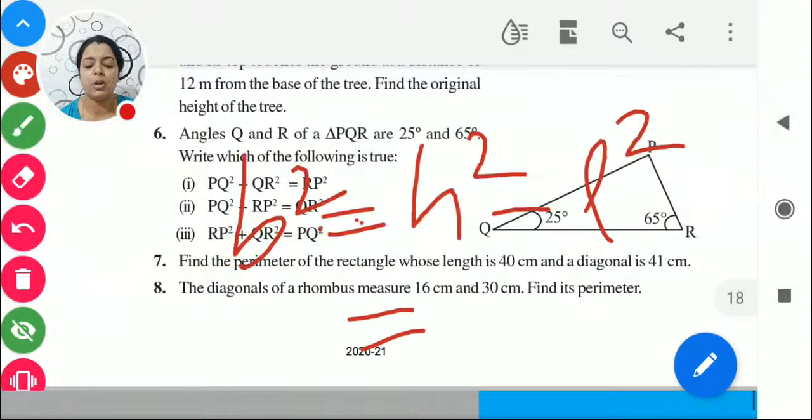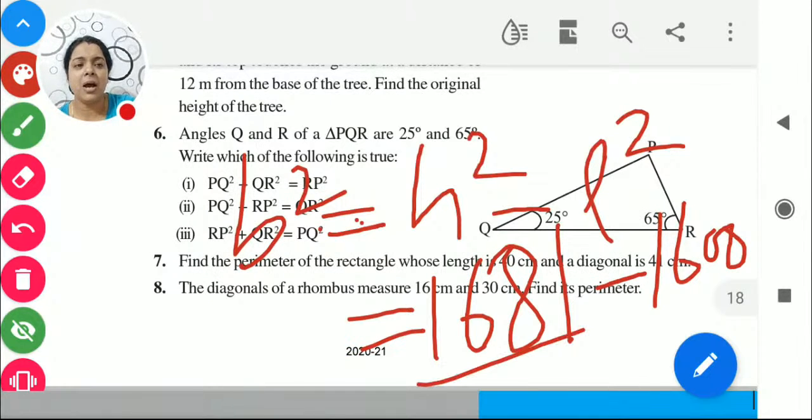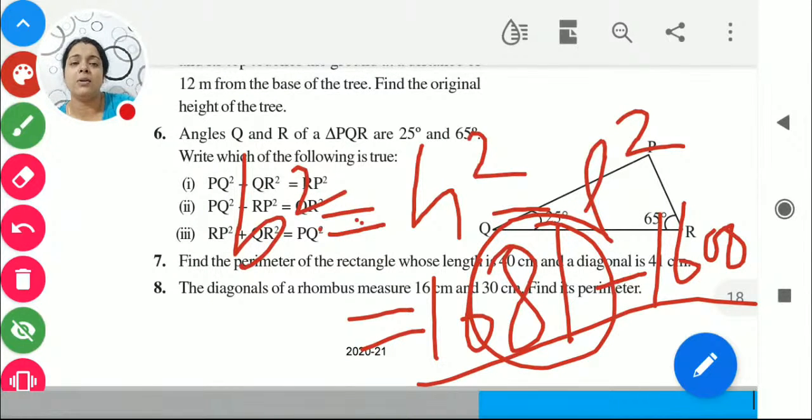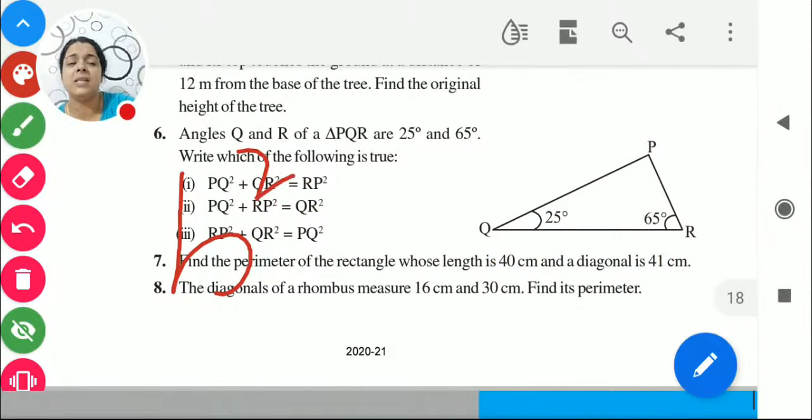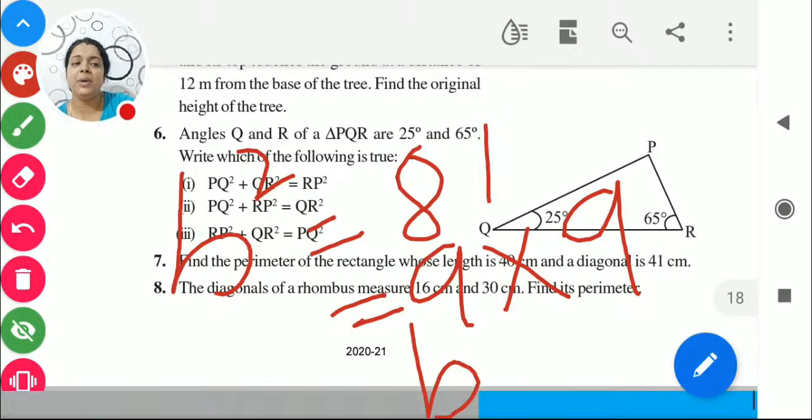When we talk about 41, the square of 41, what will the answer be? 1681 minus 40 square. 40 square means 1600. When you subtract them out, you will find the answer 81. So you find here B square is equal to 81. So when B square is equal to 81, 81 means what? 9 into 9. So B is equal to 9.